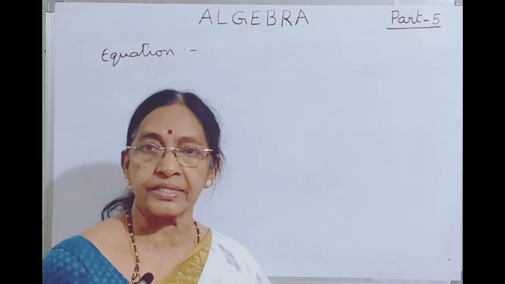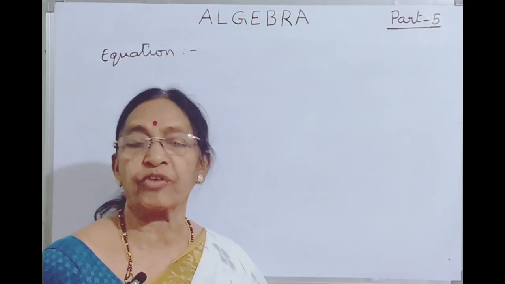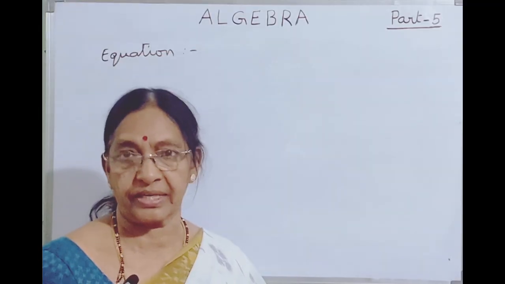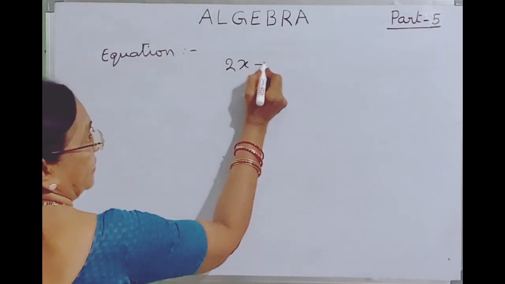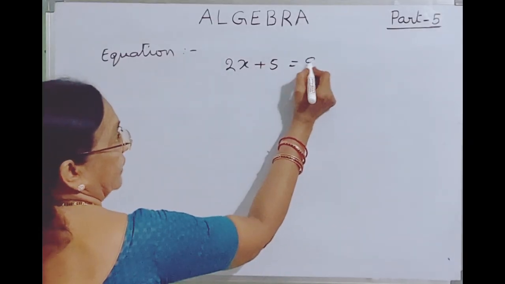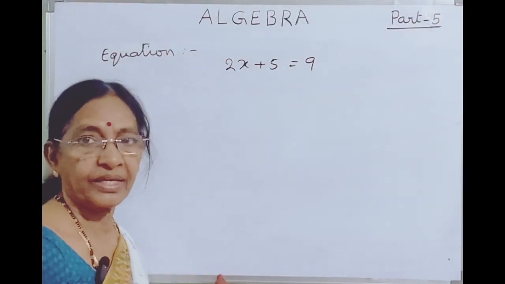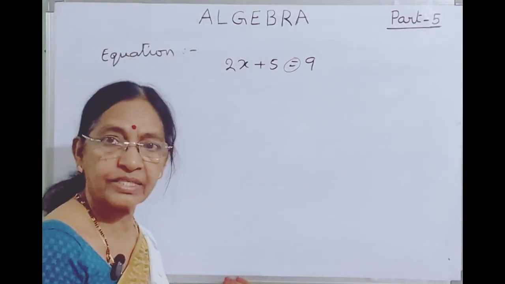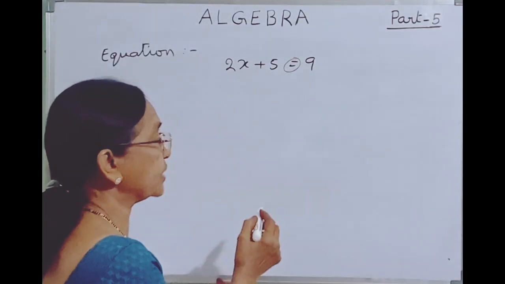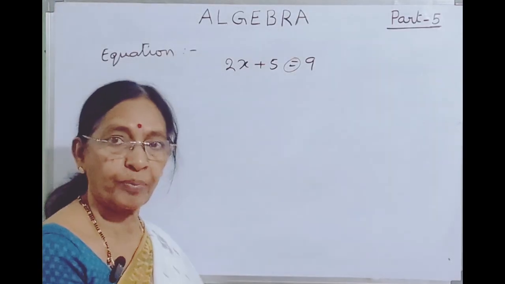An open sentence containing an equality sign is called an equation. For example, 2x plus 5 is equal to 9. It is an equation. So there is an equality sign in this open sentence. 2x plus 5 is equal to 9 is an open sentence.